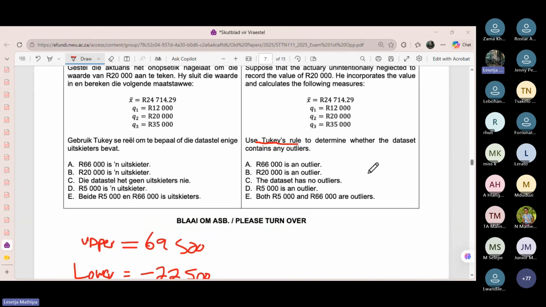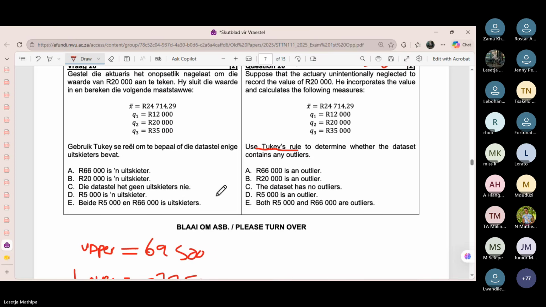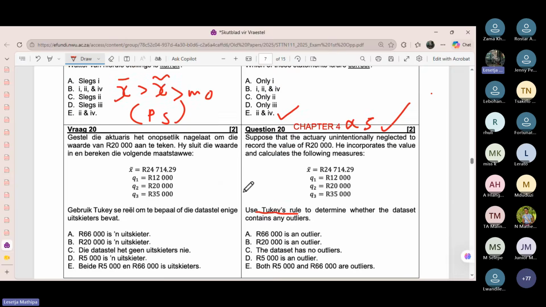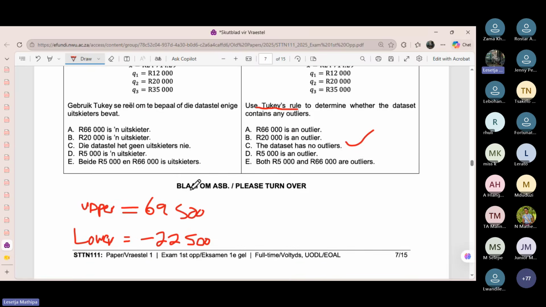Any more questions? So you can now see that the answer will be option C. The data set has no outliers.